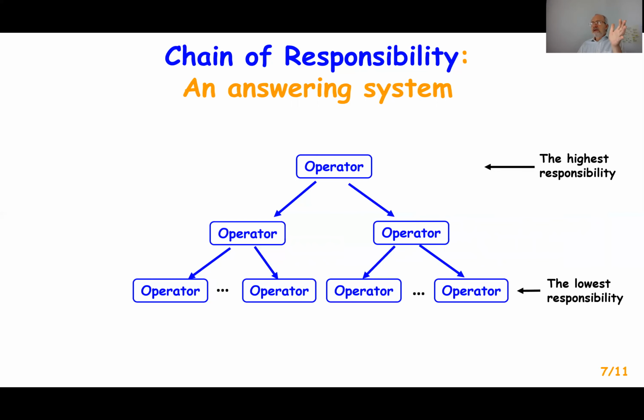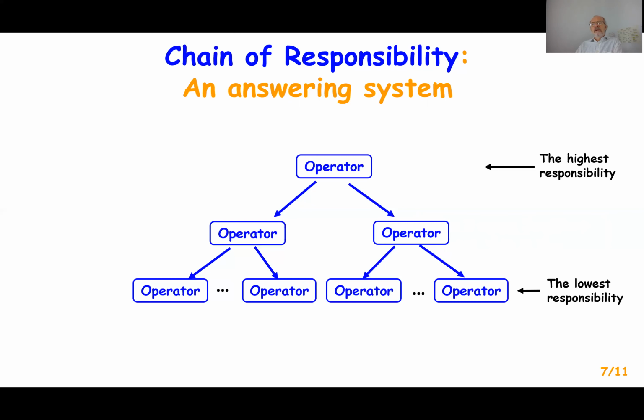Again, operators can be people or software components. The task these components solve is answering questions or providing reactions to requests.